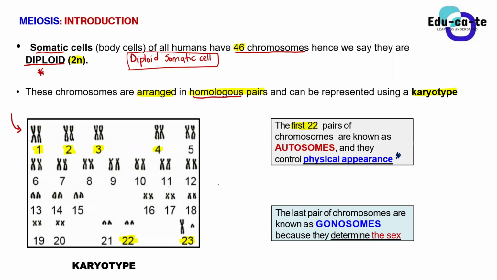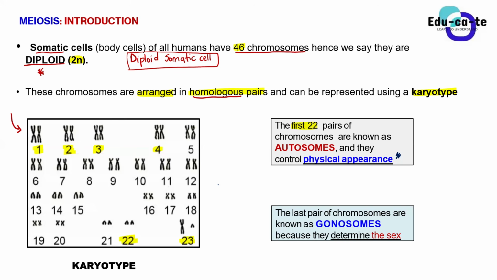So autosomes, basically, are responsible for controlling physical appearance, or for making you look the way you look. Basically, they are responsible for your appearance. Guys, we're talking about your eyes. What's your eye color, Sam? Brown, sir. Okay, Sam has got brown eyes. Why does Sam have brown eyes? It is because Sam carries an autosome that controls the eye color and makes it brown.